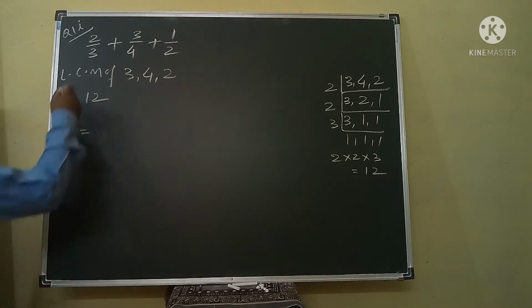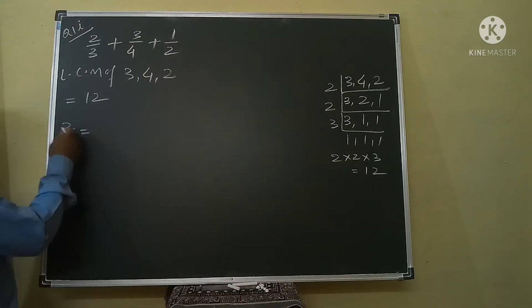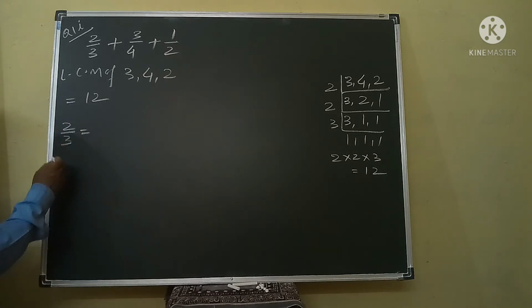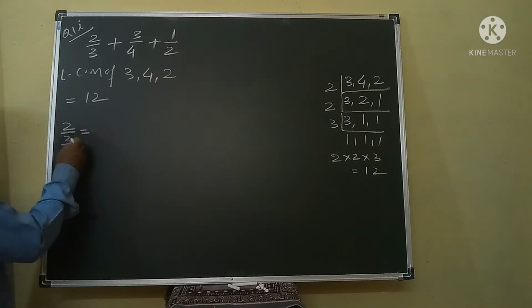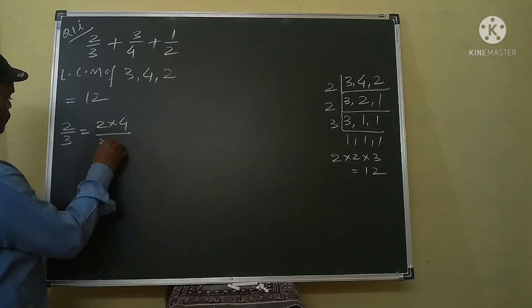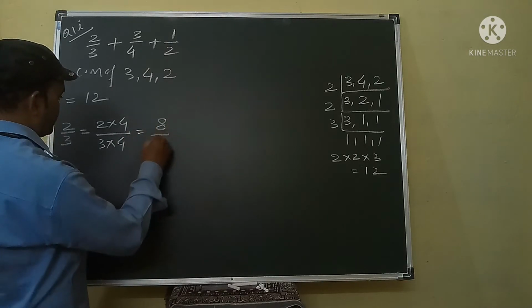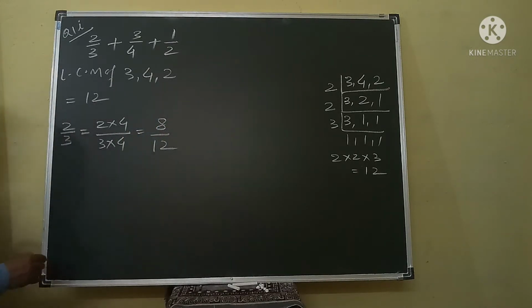How? You know very well, 3 4s are 12. So in numerator and denominator, multiplied by 4. 2 into 4 upon 3 into 4. 2 4s are 8, 3 4s are 12.